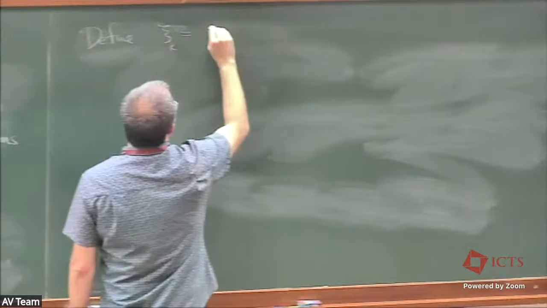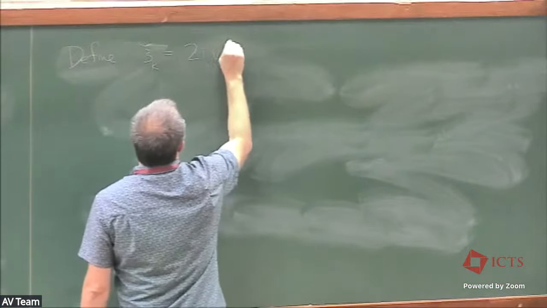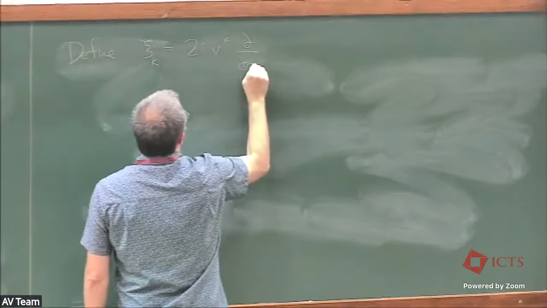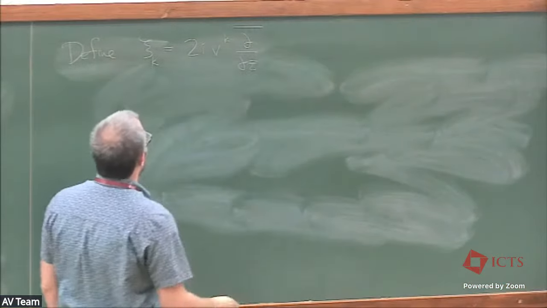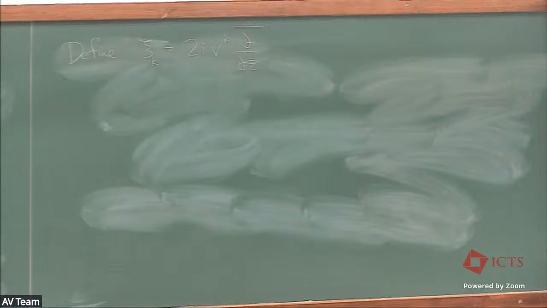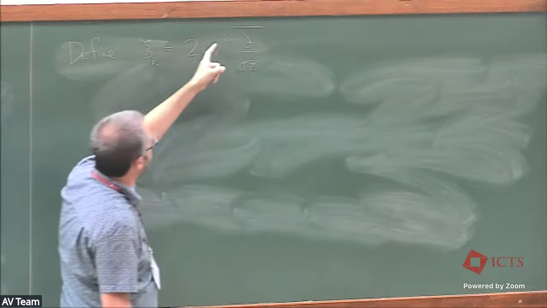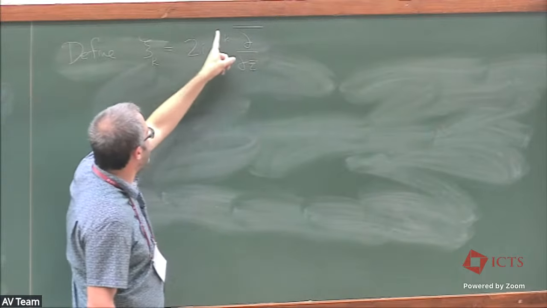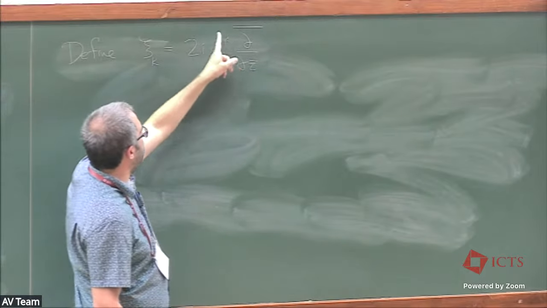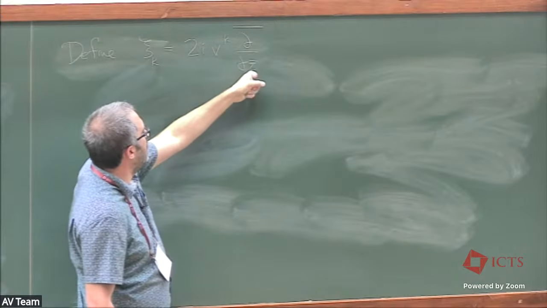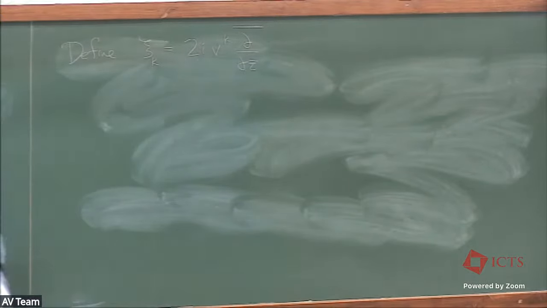And this is going to be the operator 2i v^k conjugate of d tau bar. Now, this is not the thing that it has to be. The 2i is a normalization factor. The conjugate here is going to make some things nice in a minute, but this v^k is really the thing that's needed in order to make sure that modularity isn't broken.